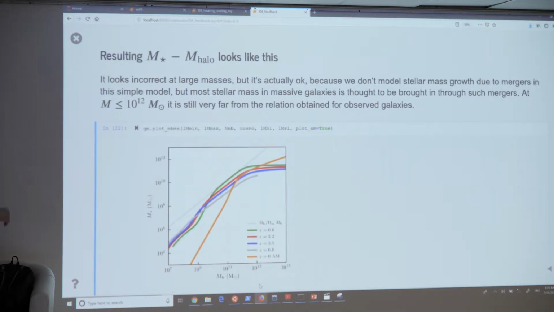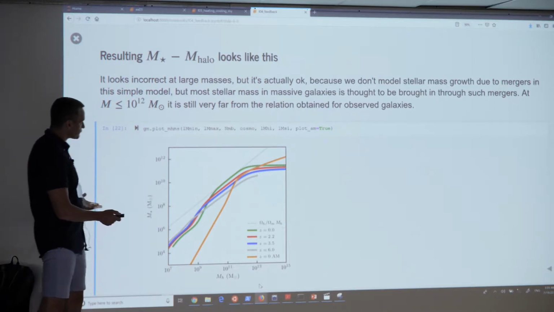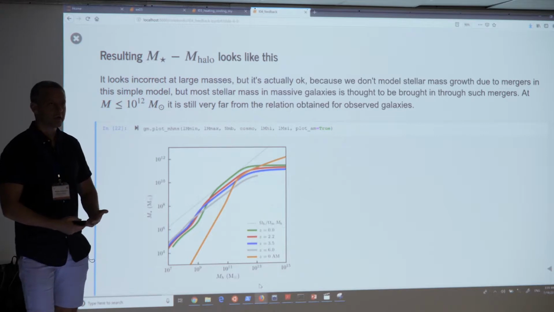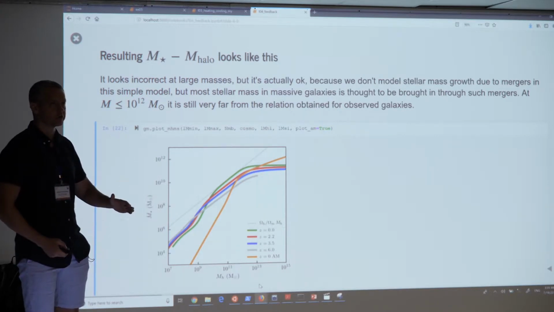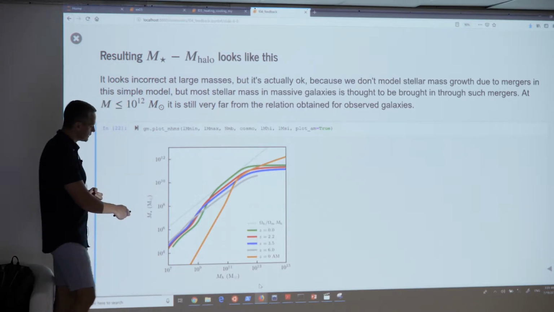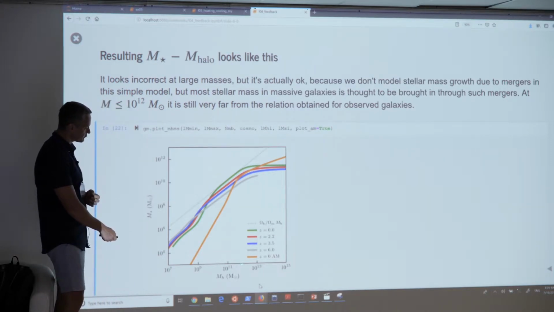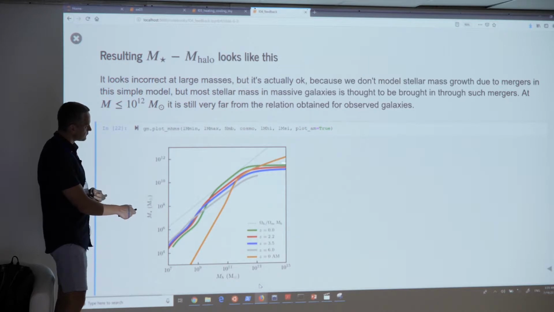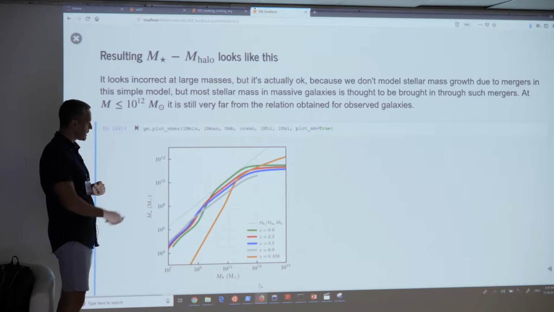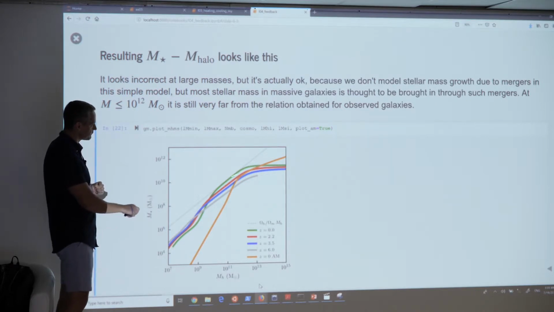The effect on the stellar mass-halo mass relation that I was considering is very simple, because beyond a certain mass in this model, we shut down accretion of gas, and so star formation slows down very quickly, exponentially, and the stellar mass growth is stunted above halo mass of 10^12. So 10^12 is right here, and with this process, I simply slow down and stop the growth of stellar mass, and the stellar mass-halo mass relation flattens.